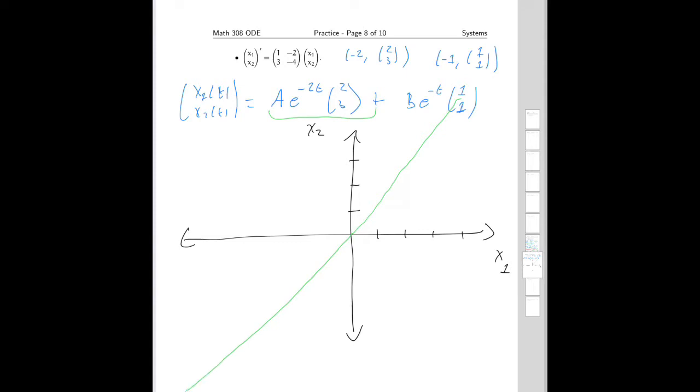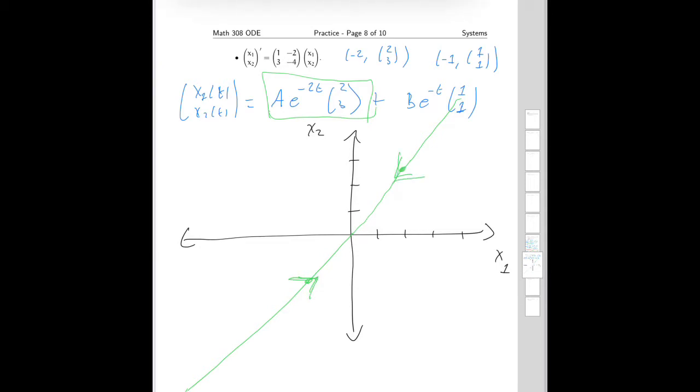And if a solution starts on this line, as t goes to infinity, it's going to go to the origin, because the magnitude of this vector goes to 0 as t goes to infinity, and it goes to infinity as t goes to negative infinity. The arrows are for the direction of increasing t.